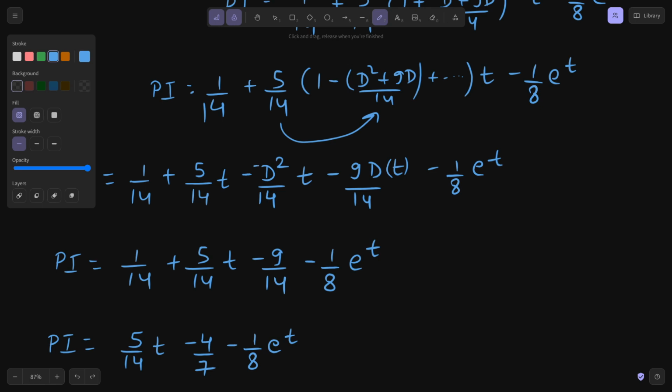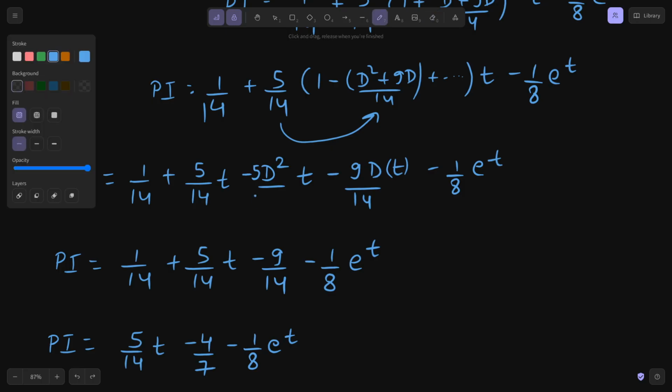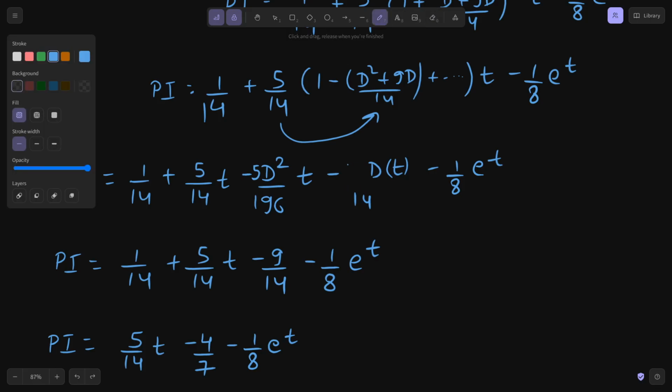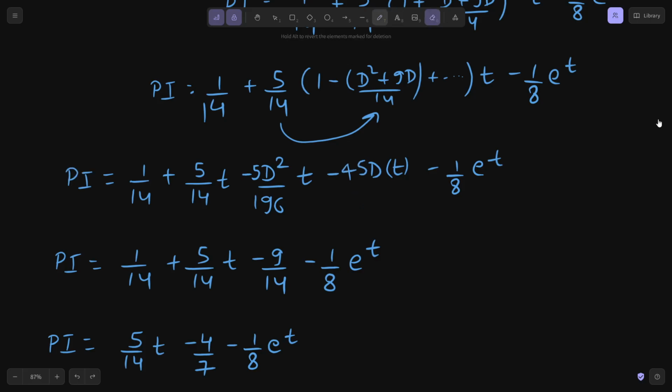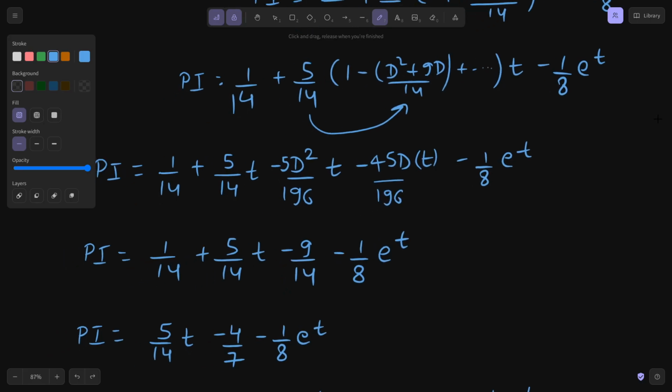So this will be 5 by 14 into 14 is 196, and 5 by 14 if I multiply here, so 45 by 196. Fine.